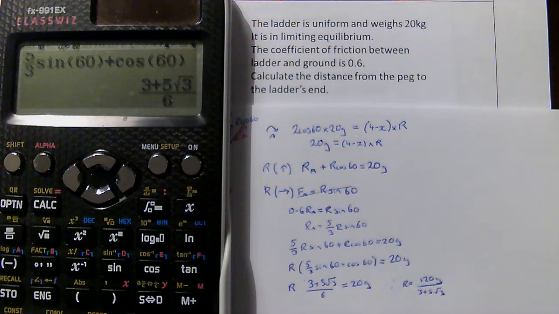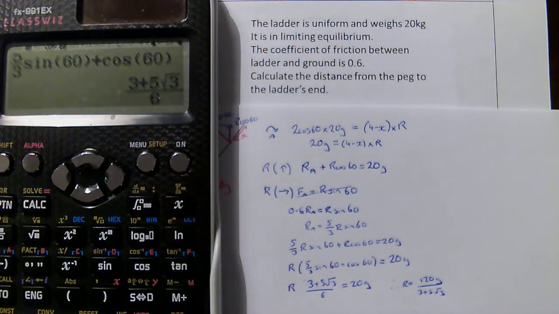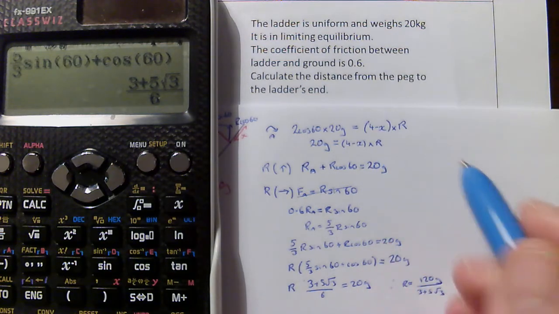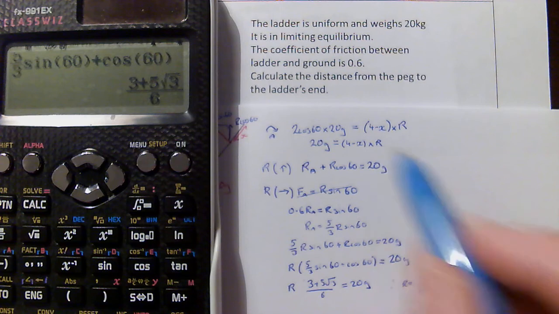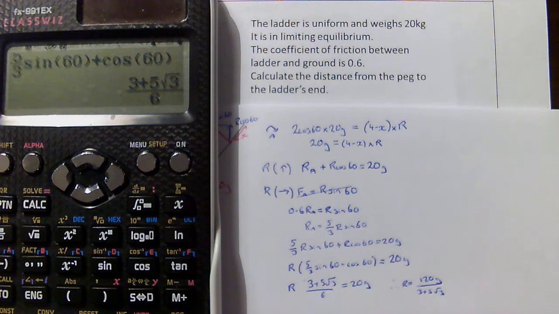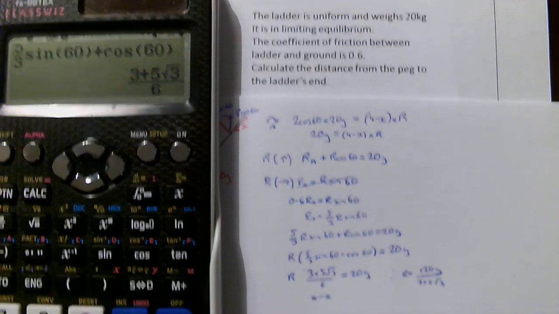Well, we haven't quite finished because it doesn't want us to tell what R is, it wants us to find out what x is, but that's fine because we can just substitute into the moments equation up here.